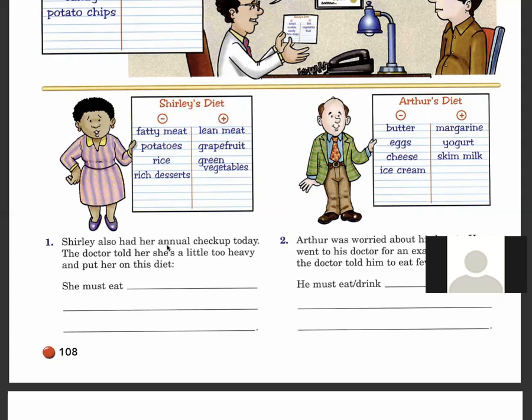She must eat more lean meat. Okay, she must eat more lean meat, she must eat less fatty meat, fewer potatoes, less rice, and less rich desserts.